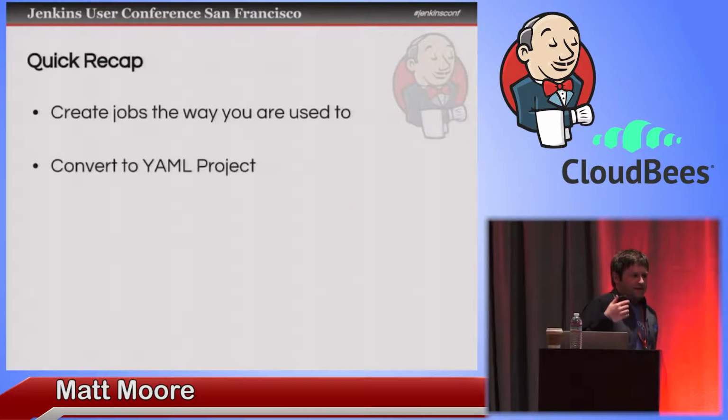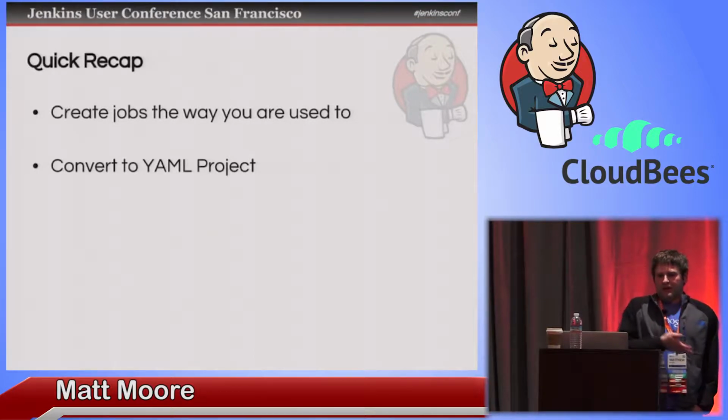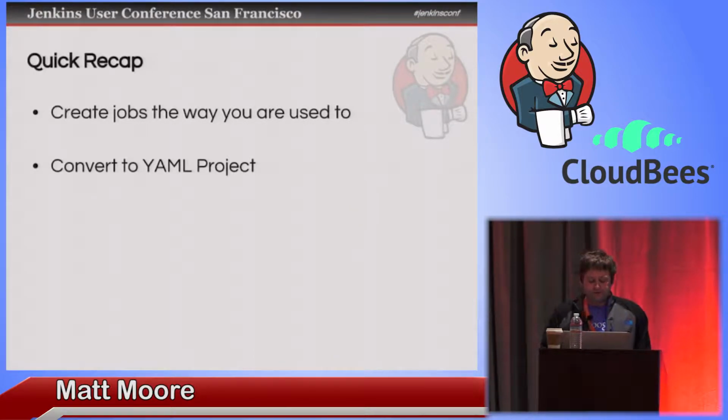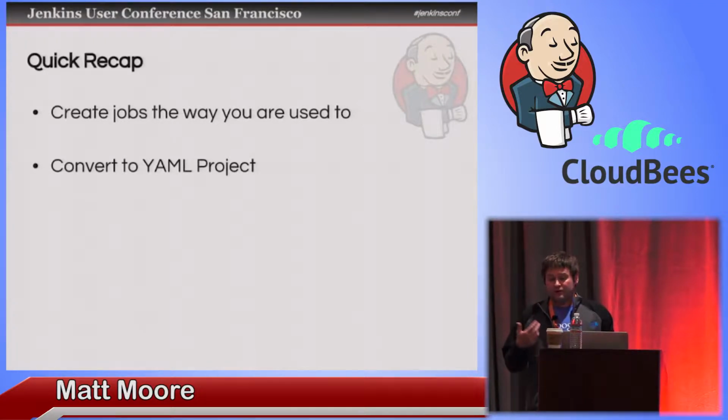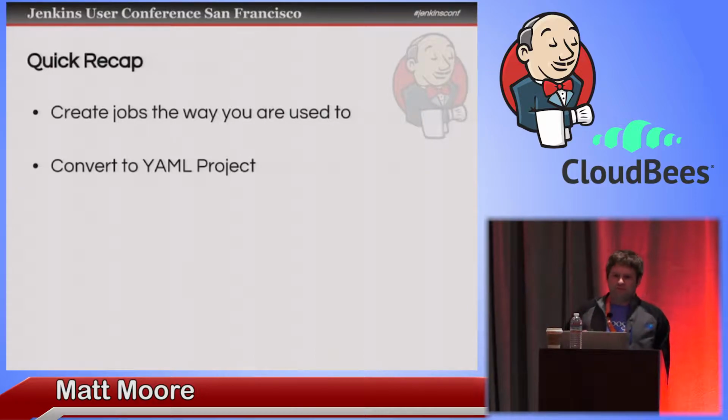You can then take the existing project and convert to YAML if you so choose. And if you start from YAML, you can learn to use new plugins just by going into the UI, configuring the plugin the way you want to, and then looking at the bits of YAML that it's using and bringing that into your DSL.